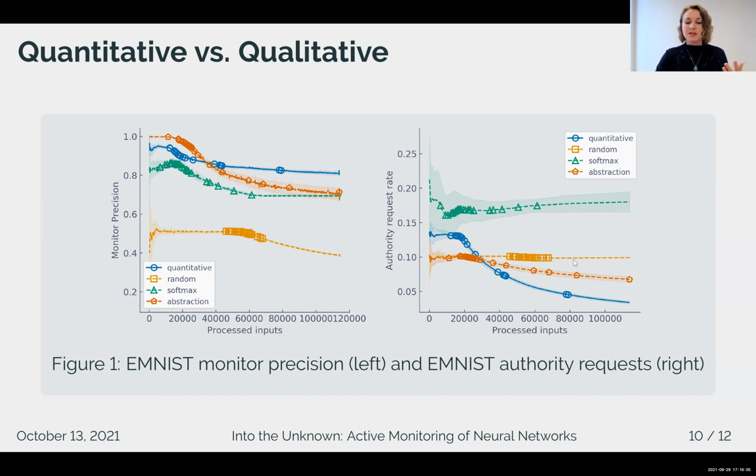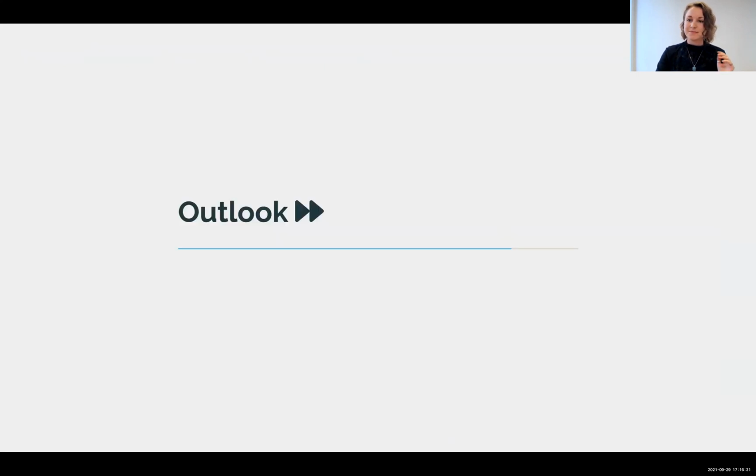And of course, there are various cases of how this behaves on different benchmarks. But we also noticed that due to the adaptation, we ask the authority less about the labels for the new incoming inputs. So this is, in short, what our framework is about.